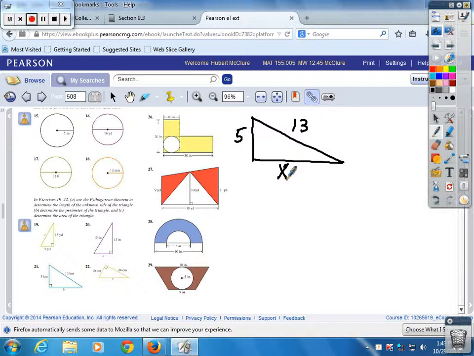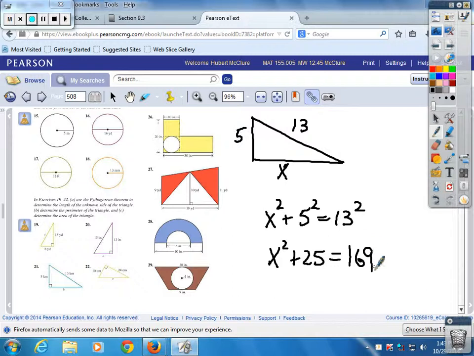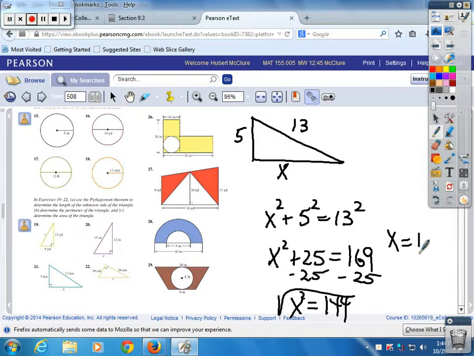That's going to be X squared plus 5 squared is equal to 13 squared. X squared plus 25 is equal to 169. How do you get rid of adding 25? X squared is equal to 144. Take the square root. What is X equal to? 12. So X is equal to 12.